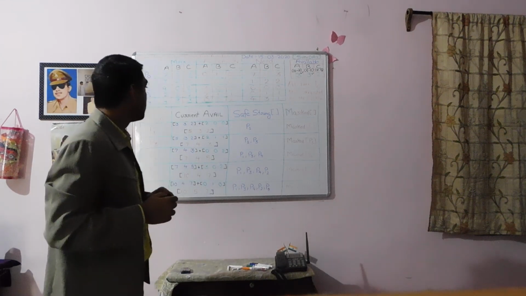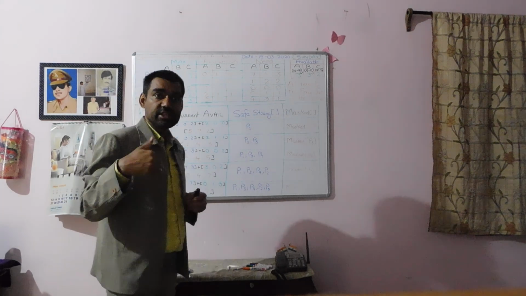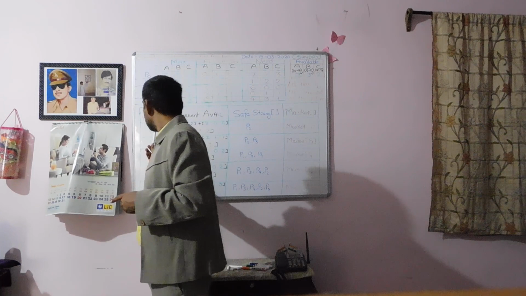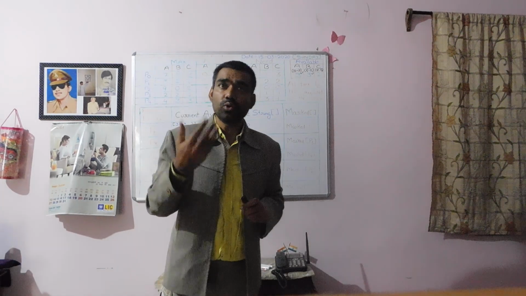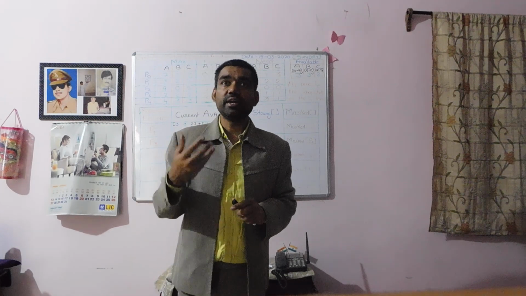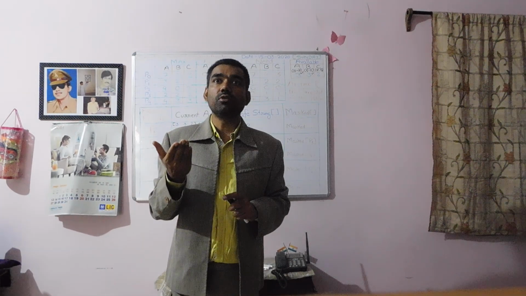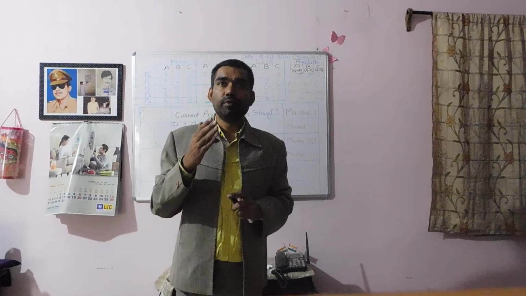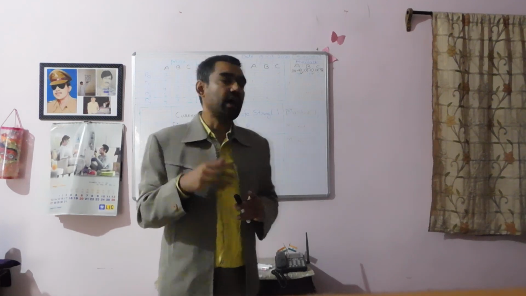Then in step number 3, if those two things were true, we make an updation in the value of work: work equals work plus allocation of i.